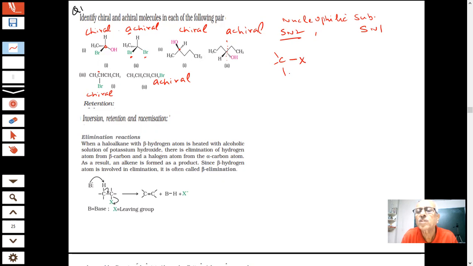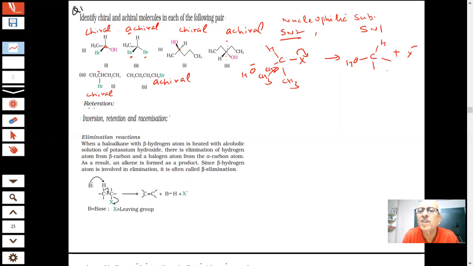If this was my X, the nucleophile was coming from the back side, and this was leaving. So what was the result of that? As you can see, the OH group comes from the back, and the leaving group leaves from the other side.